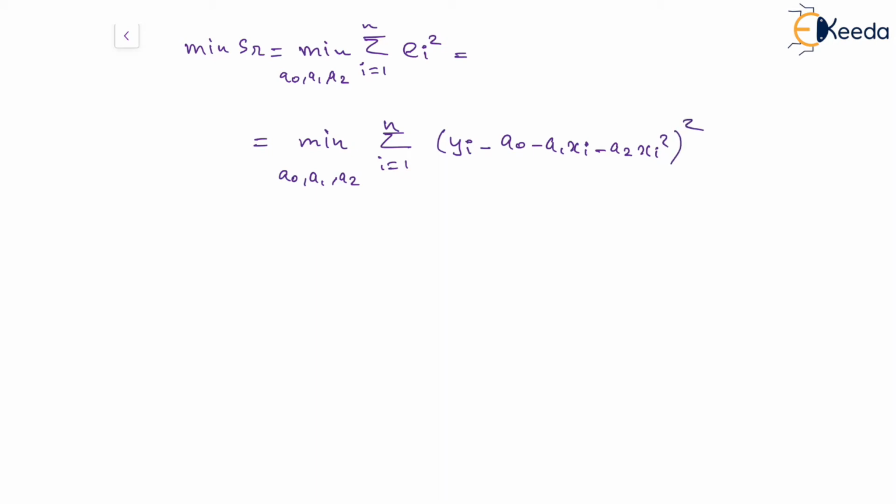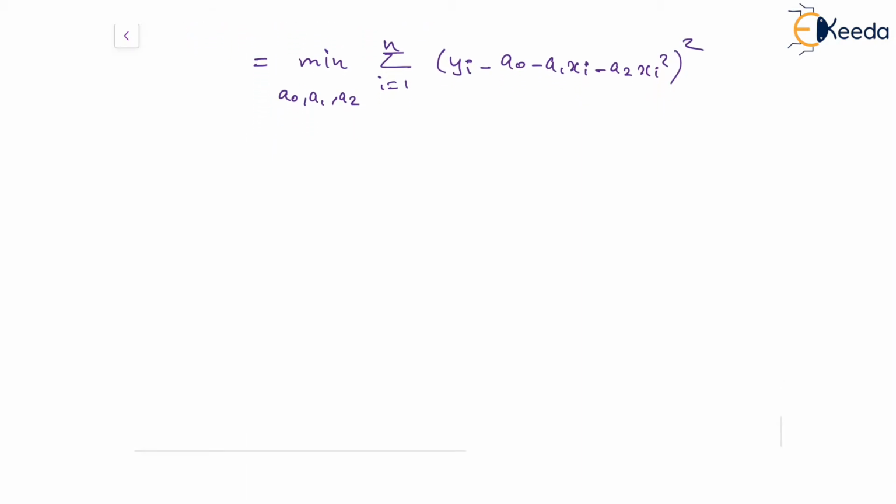Now using this equation and the understanding of calculus, which helps us to find the minimum of a function, we can find the conditions which will help us to find the values of a0, a1 and a2. So this can be given as dSR over da0, which will equate to 0.